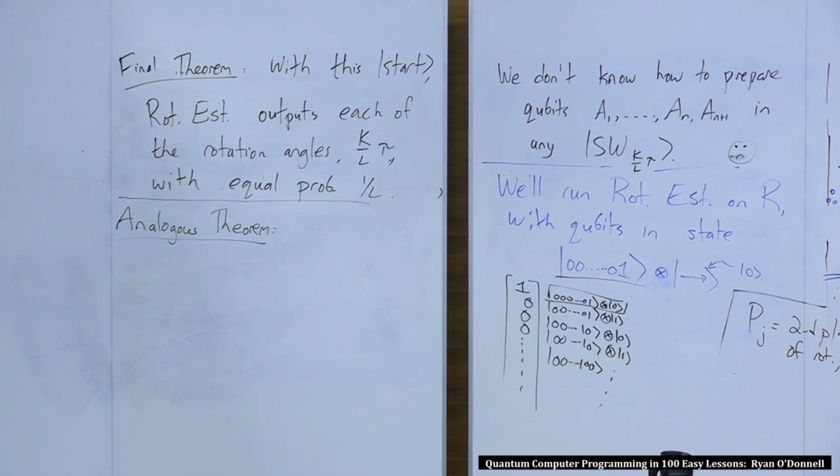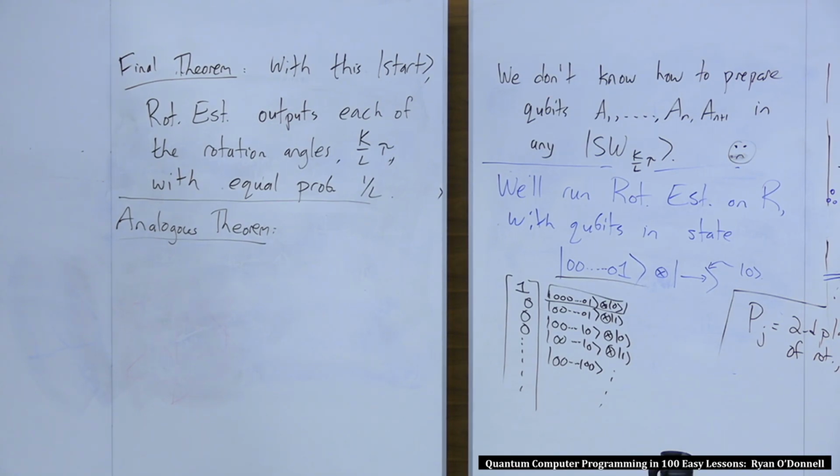This Hadamard test takes qubits in a vector state, and it does the rotation on them. But it uses this extra qubit in such a way that you can compare the initial vector with the new vector and get a signal about how much the rotation angle is. And you do that hundreds of thousands of times, and eventually you get enough signals about the rotation angle that you figure it out.